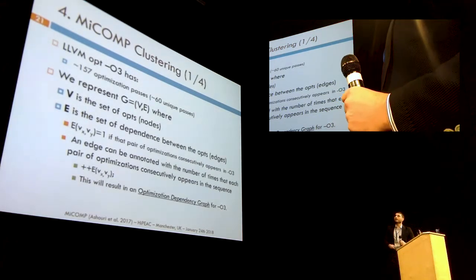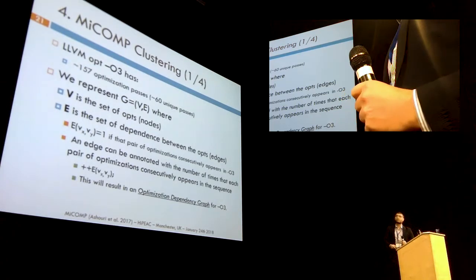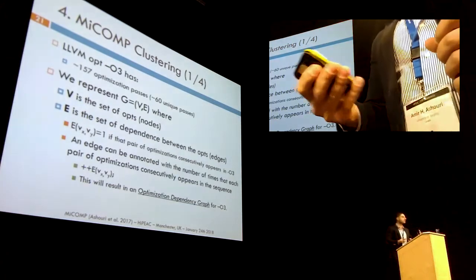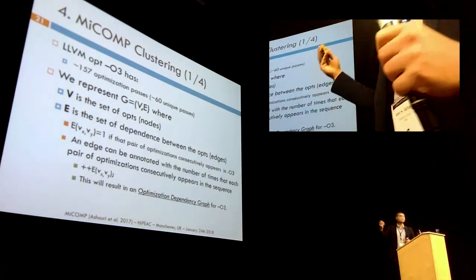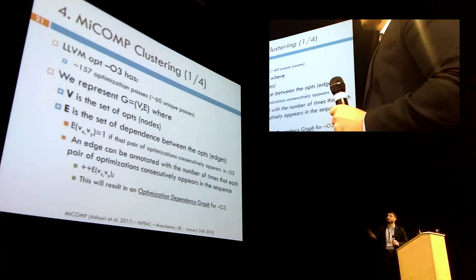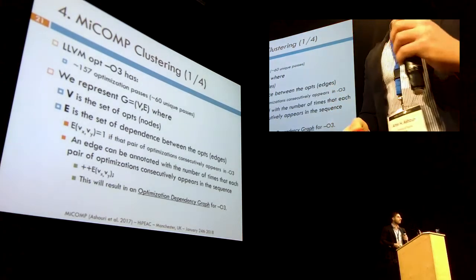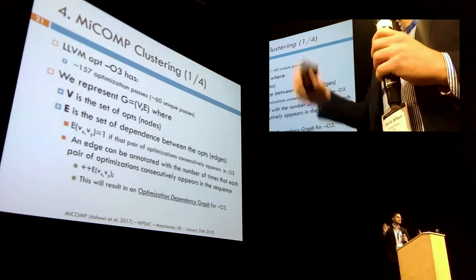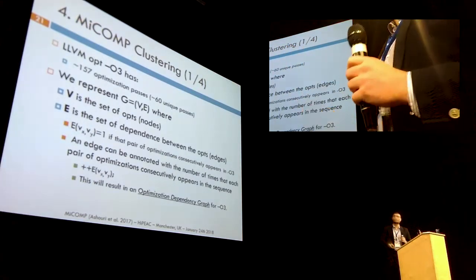So in a high level explanation, we started by analyzing the optimization level O3, which has around 160 optimization passes. We started to analyze the pairs of passes that appear consecutively in that optimization sequence.